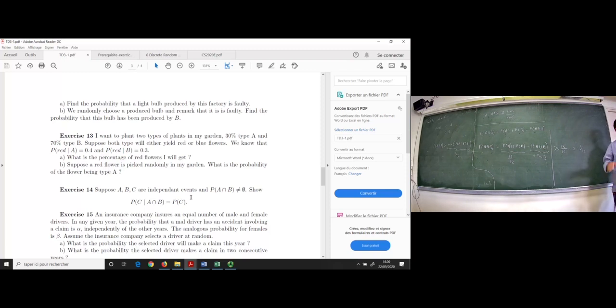So flowers are of two types, A or B. In my course, I have taken an example of an item that was made by 3 different factories and so on. It's exactly the same situation. To compute the first one, the law of total probability, because being of type A or being of type B is a partition of the universe. Law of total probability. I think we finish, in fact. If you have understood this, the exercise is just to write the law of total probability.